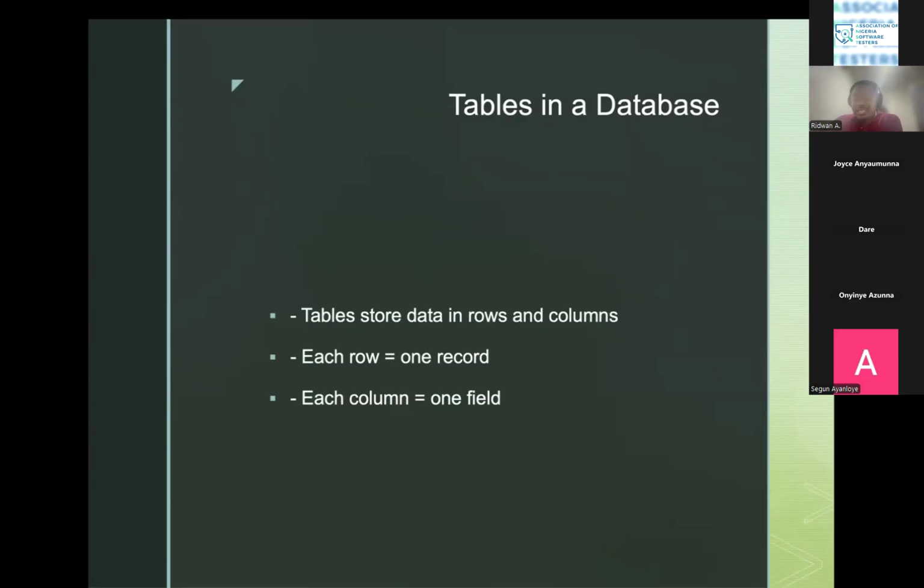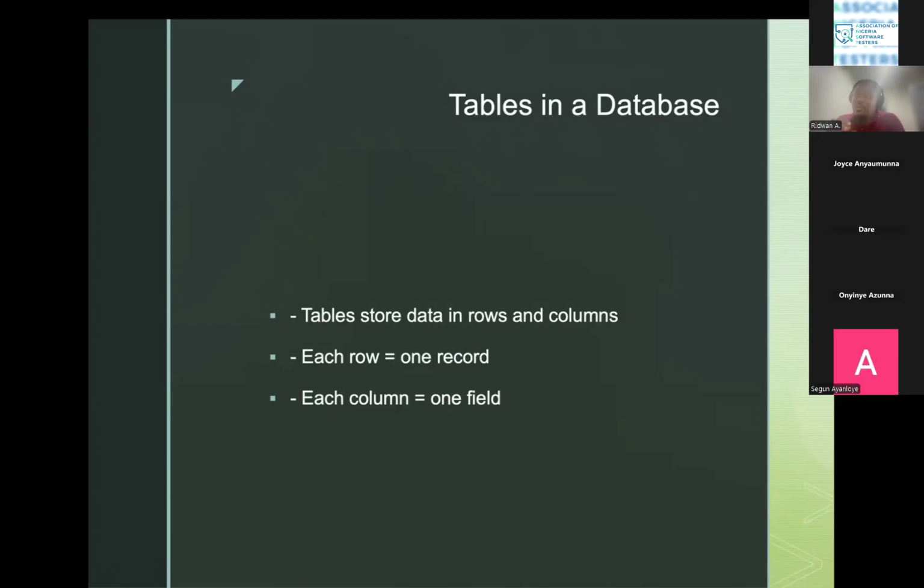So each of those files that HR is keeping, keep Tosin's record, keep Rashida's record, keep Fashakin's record, keep Jumai's record, each of these records, we keep them inside files. So for each row is one record.